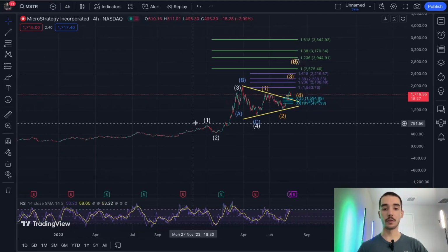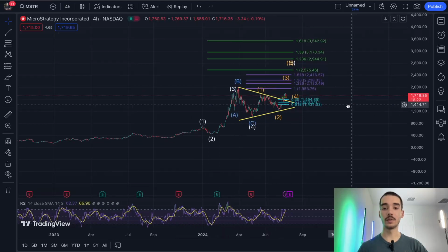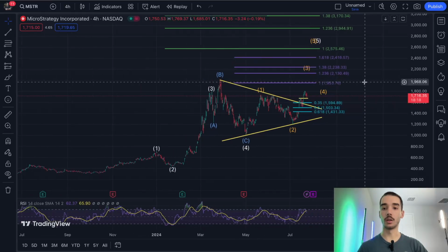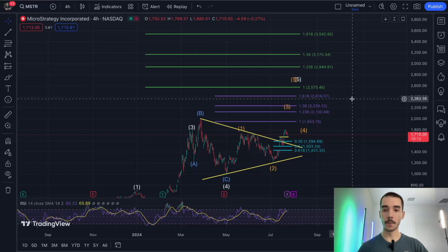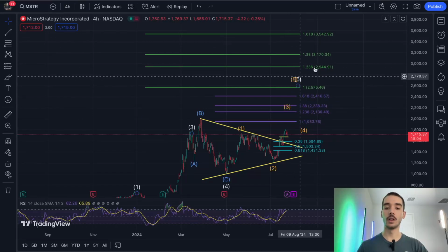But we started off with a first, second, third wave, fourth wave, and we are currently working on the overall fifth wave, which conservatively, and this is going to change over time, I believe, once the structure presents itself a little bit more and we trade a little bit more, I'm able to update the extension area.